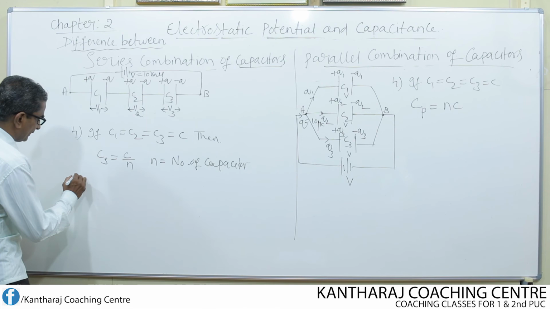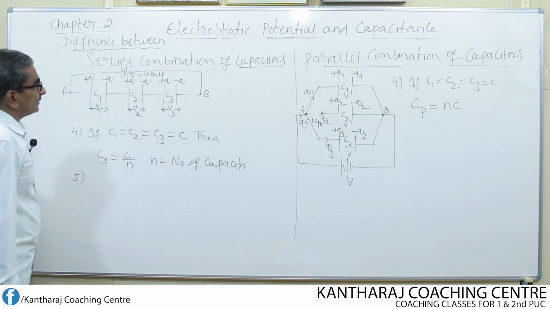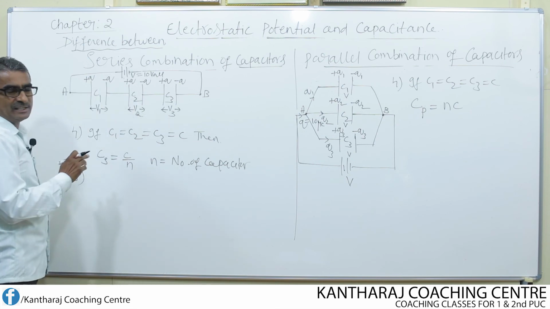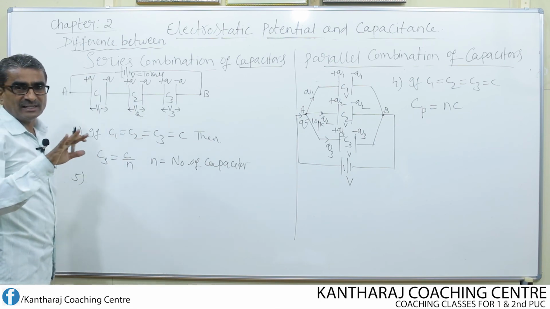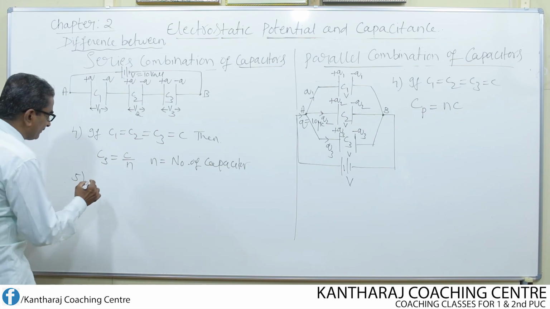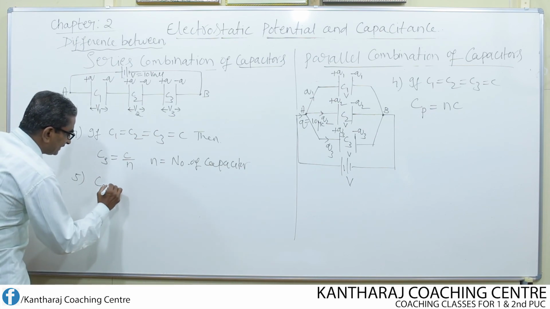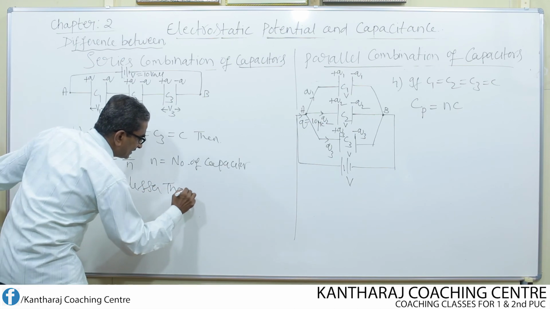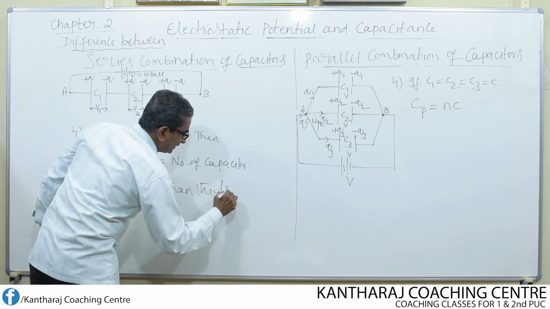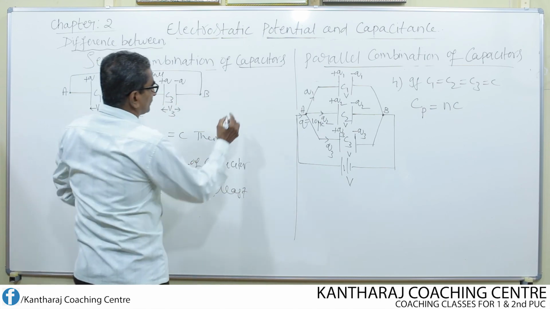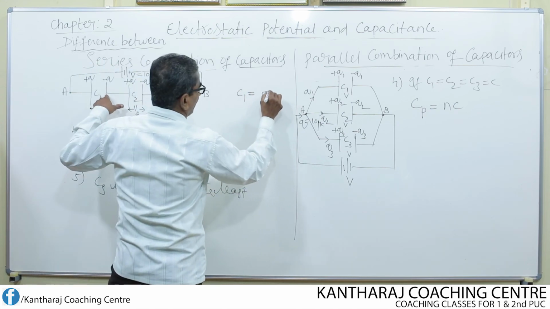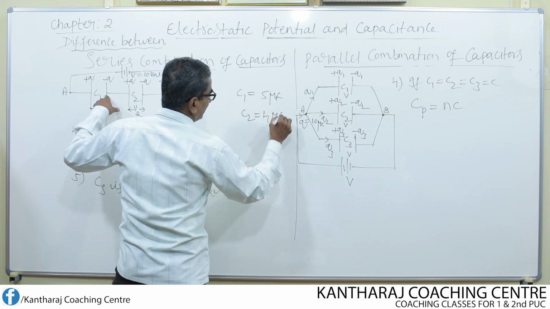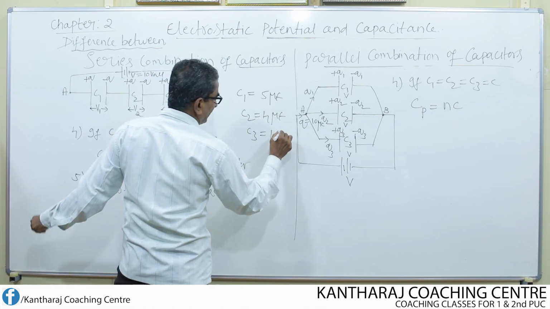Then, effective capacitance in series combination is found to be lesser than the least. That means Cs is lesser than the least. What does it mean? Suppose C1 is 5 microfarad, C2 is 4 microfarad, C3 is 1 microfarad.